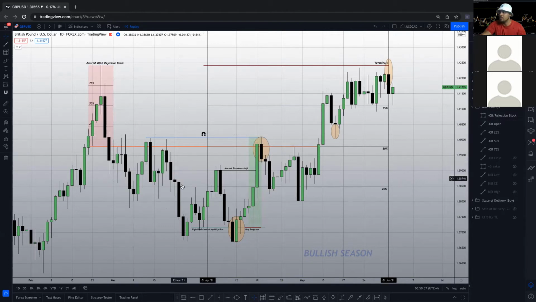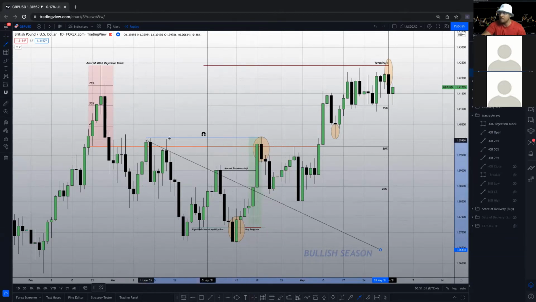So when we get our first change in state of delivery, what does it create? It creates equal highs. This high right here is low resistance, because you can see that when we ran down here and created a high resistance liquidity run, this creates a breaker block once it's ran onto the upside.